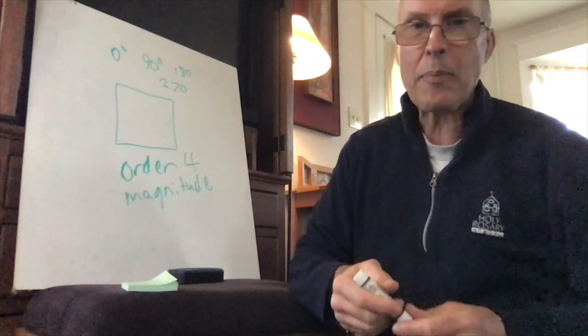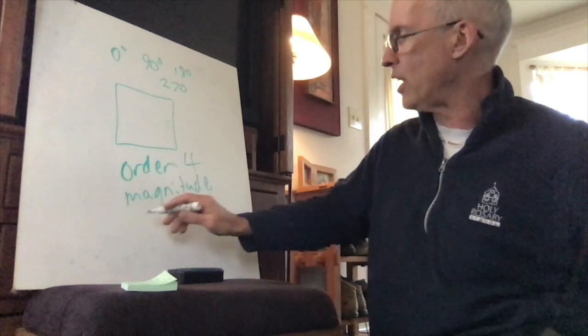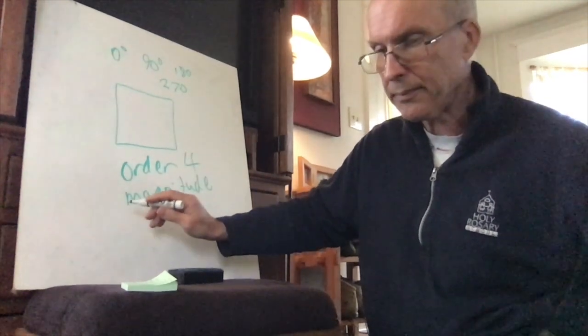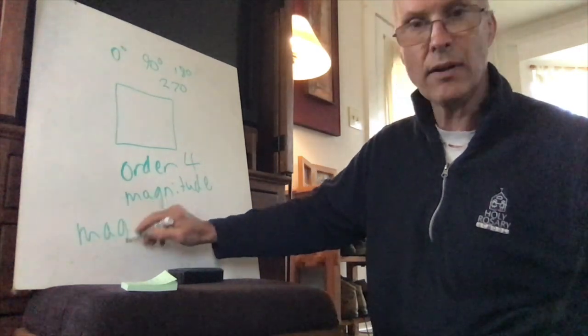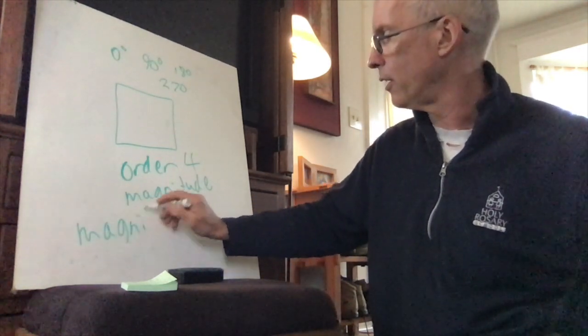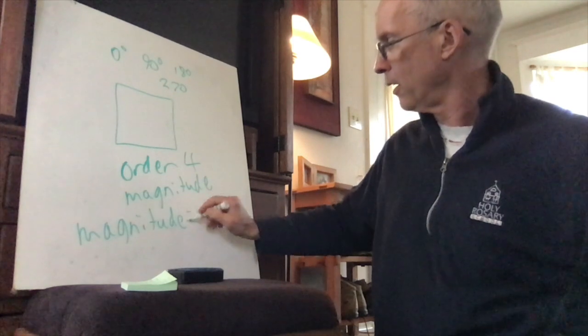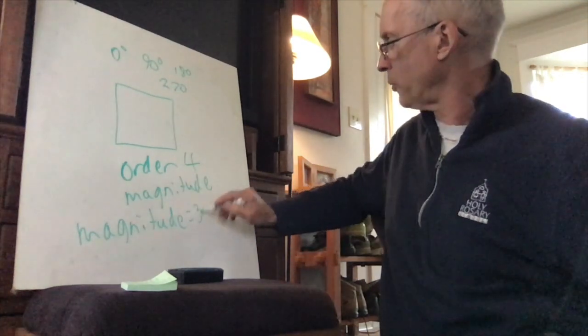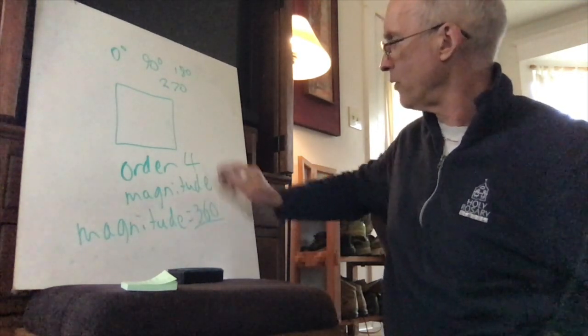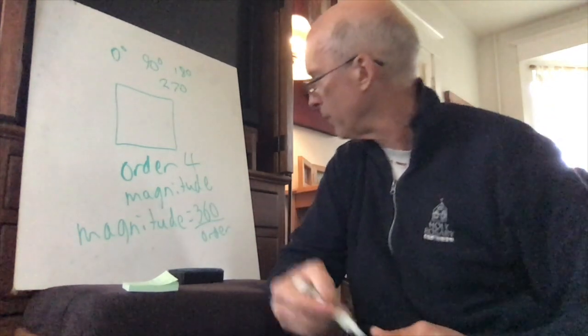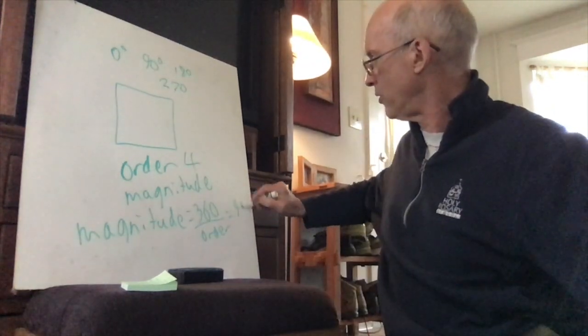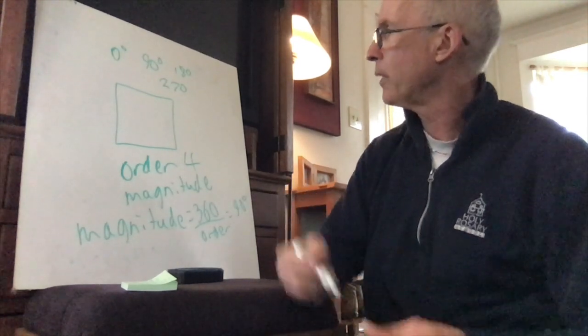But there's a little more mathematical way to do that. You could say that the magnitude equals 360 divided by the order. Okay? So in this case, the magnitude would be 90 degrees.